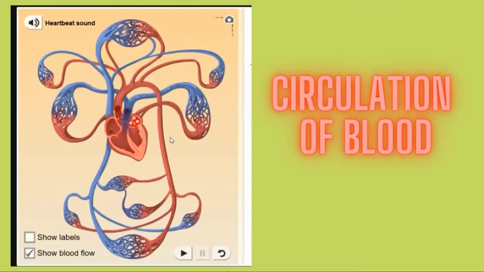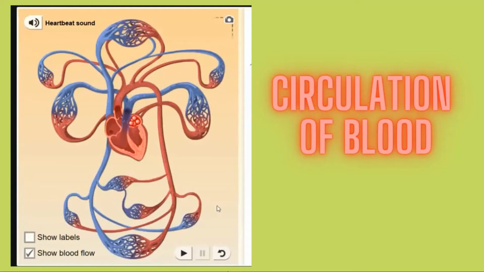Okay, now how does the circulation take place? First the blood will enter into the right atrium, then it goes to the right ventricle, then from the right ventricle the oxygen rich blood will go to different parts, and through capillaries it will reach the different cells, and in the cell the oxygen helps in the process of breakdown of food, and in that process carbon dioxide is released.